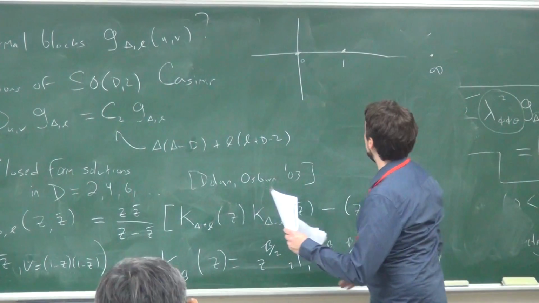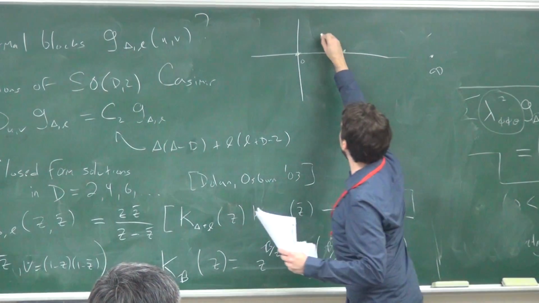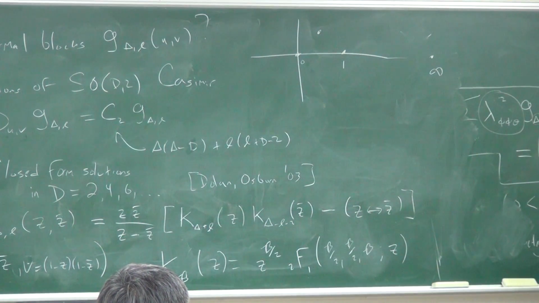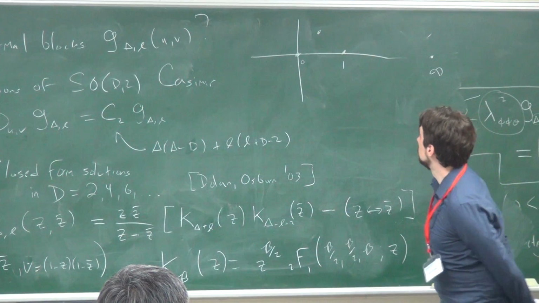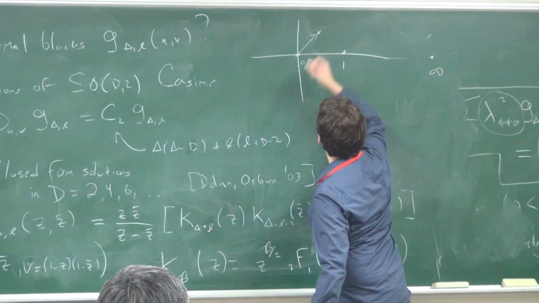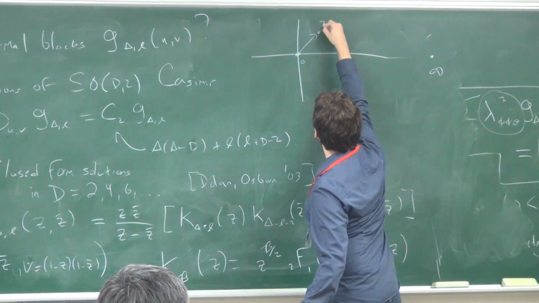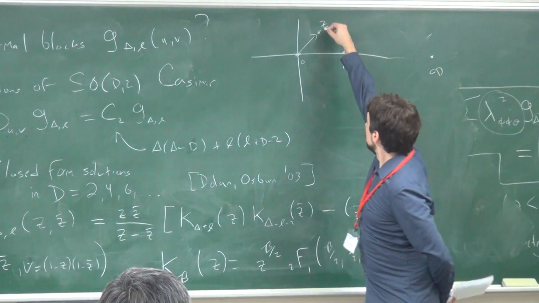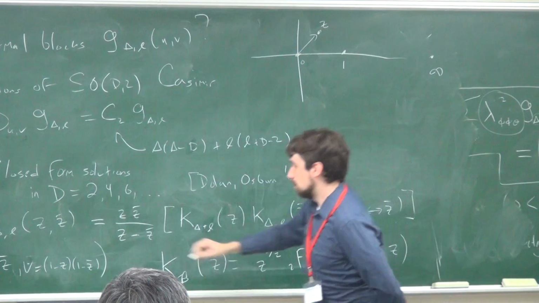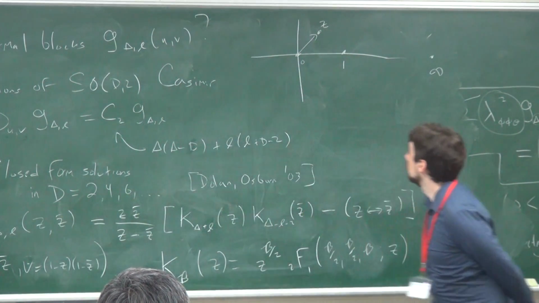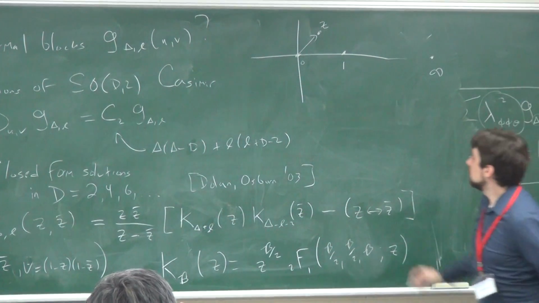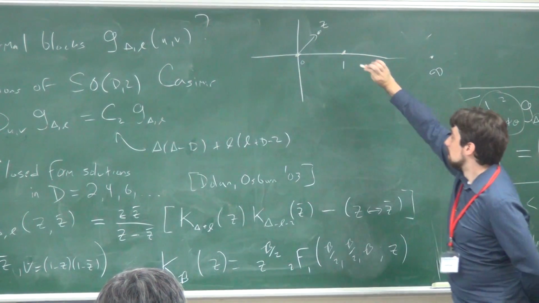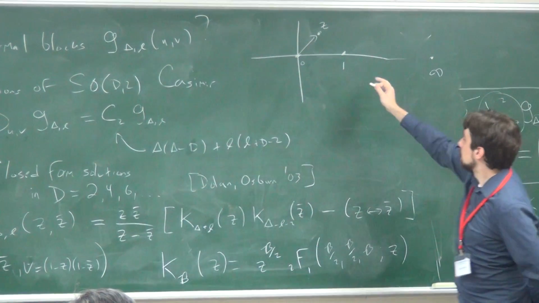And then what's left is the location of the last point in a two-dimensional plane. If I write the position of this point as a complex variable z, then this z in the complex plane is the same as this z.